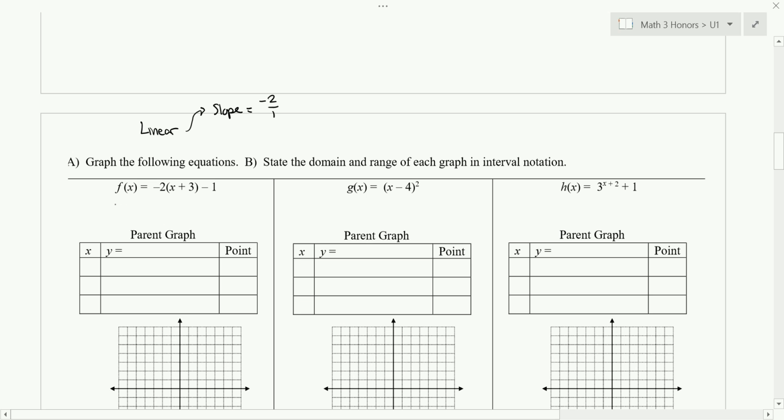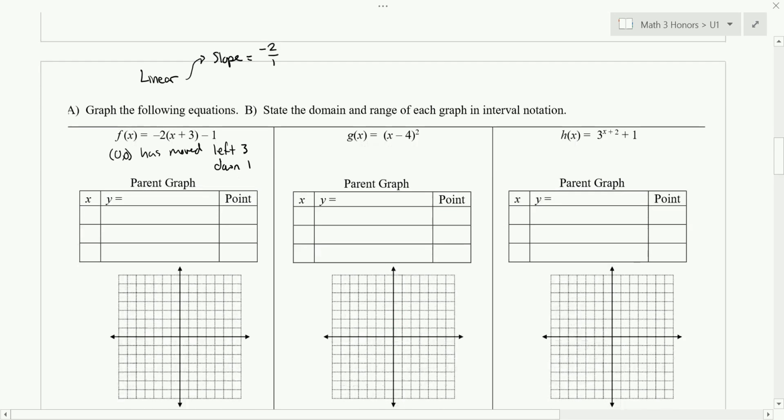So our parent graph point, 0, 0, has moved left 3 and down 1. So it's no longer there. It's been translated. Where is it now? -3, -1.